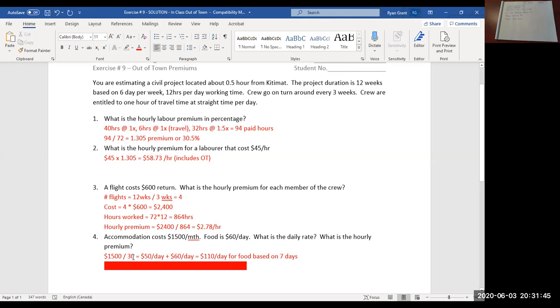So 1,500 divided by 30, that's $50 a day for accommodations, plus the 60 a day for the food. So that totals $110 per day for food and accommodations based on 7 days a week.